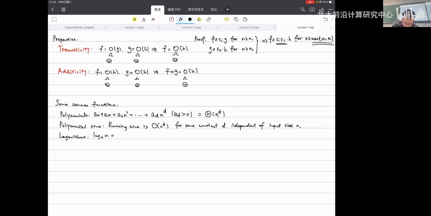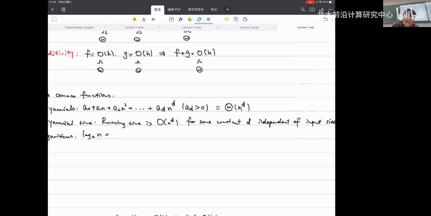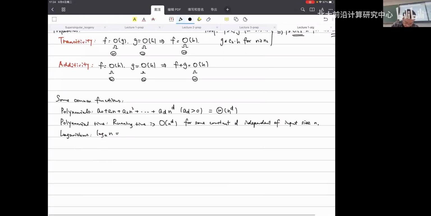A standard thing is we write log e of x, typically as log x. Here e is the natural base. It's just a standard calculus thing. So log n with a as the base just equals log n over log a.